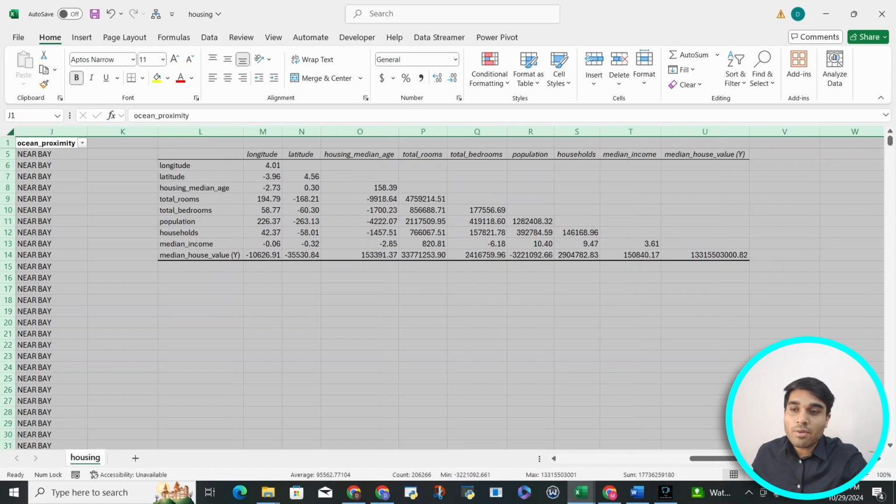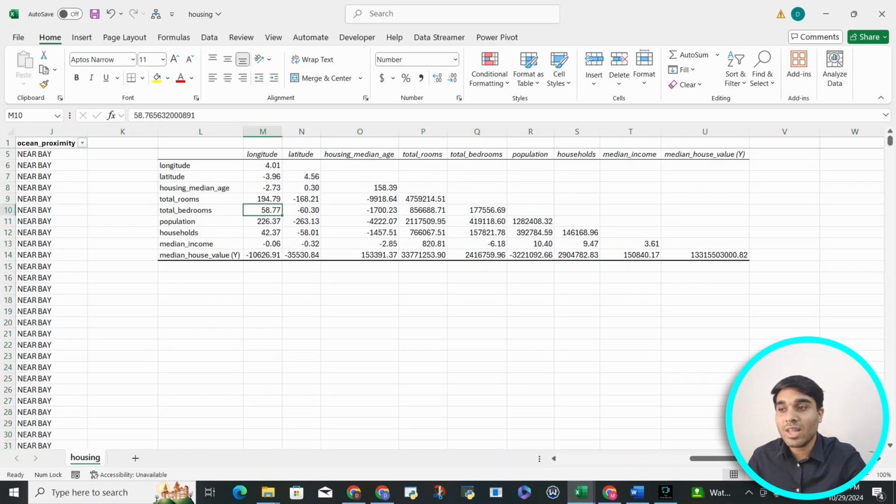correlation is going to give you a very broader understanding of almost everything, right? It is going to give you the magnitude as well as a very standardized result that you can compare each and every variable with each other, right? We do not have any standardization here, so we need to sometimes see, okay, if longitude and total bedrooms are moving at 58.77 points, what does this mean? Is it longitude moving, or is it total bedrooms moving, or both are moving together in this particular sign?